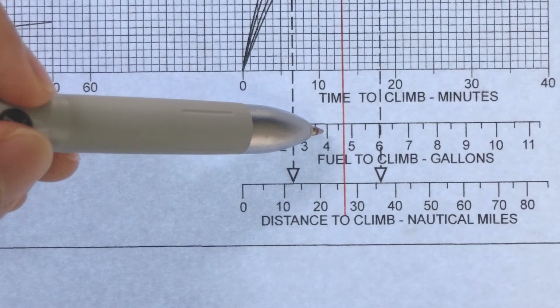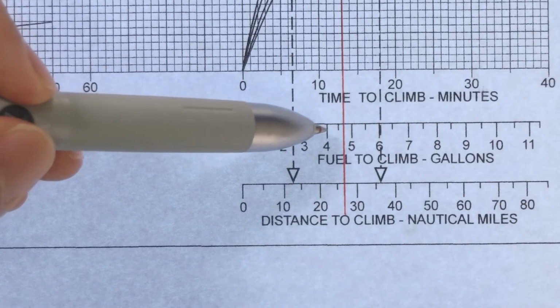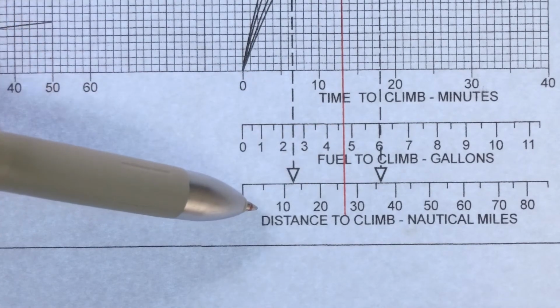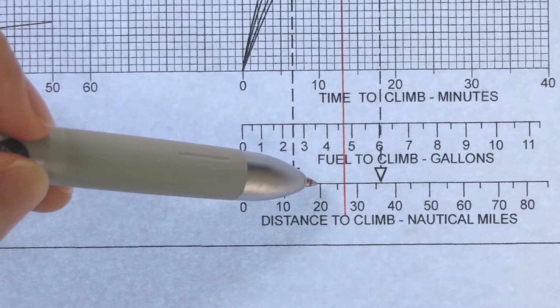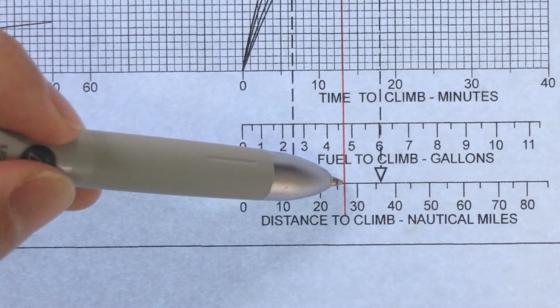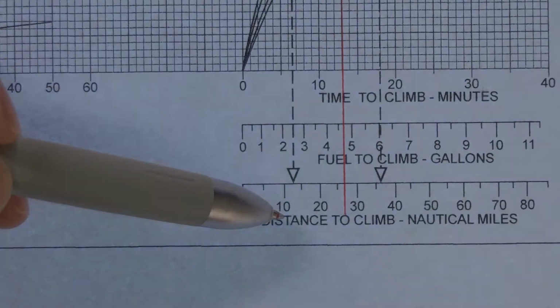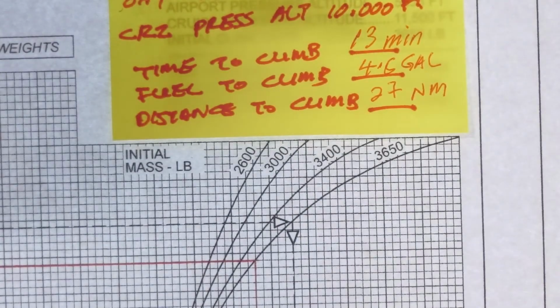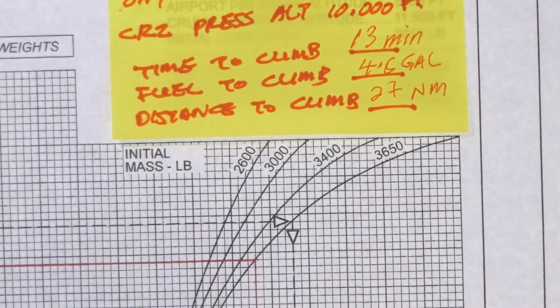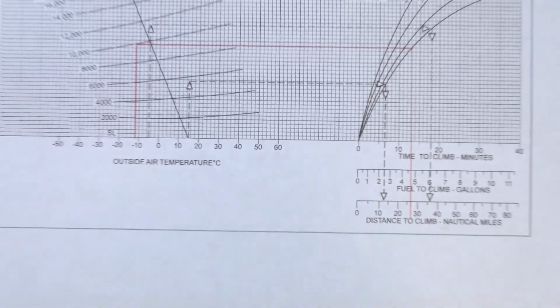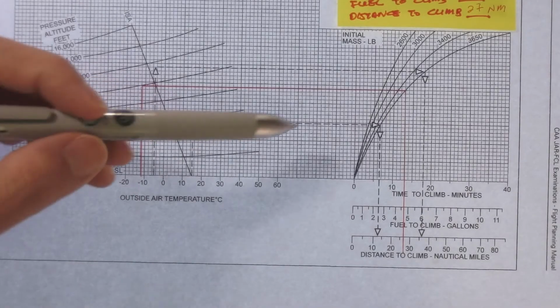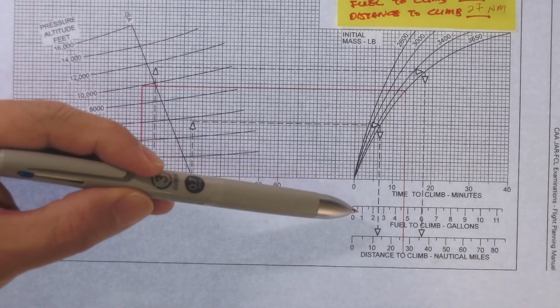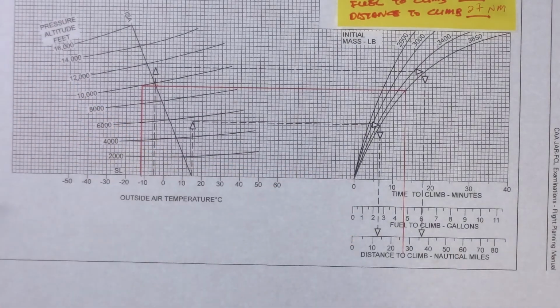And we would arrive with a fuel figure of 4.6 gallons and a distance to climb of 27 nautical miles. So, 13 minutes, 4.6 gallons, and 27 nautical miles. And we've drawn 3 lines and extracted the information from these 3 scales, and it's as simple as that.